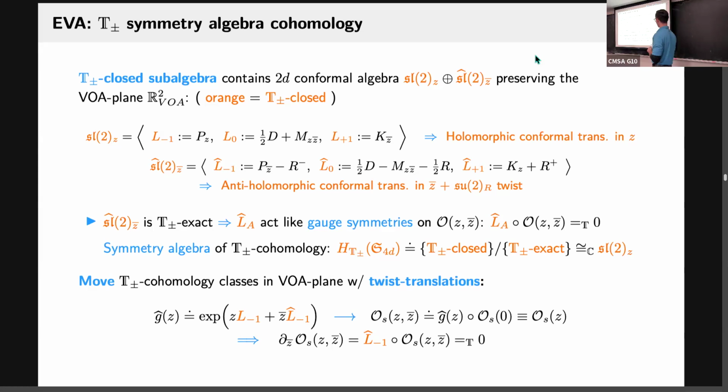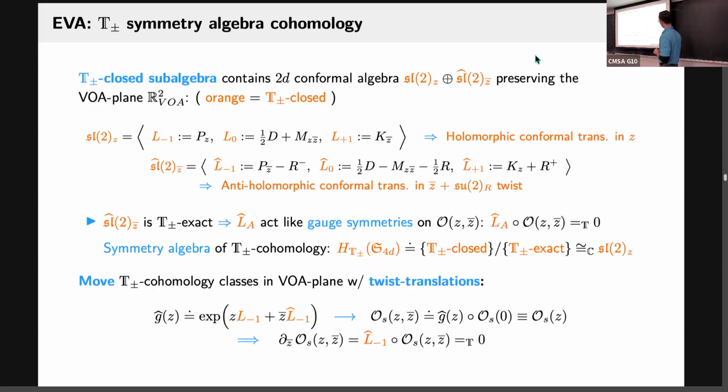What I mean by that is that if I take a Schur operator and translate it in a particular way to an arbitrary point in the VOA plane, the result is T plus and minus equivalent to the zero operator. So these basically have no effect on correlators and OPEs in the cohomology setting. And so this spits out that the symmetry algebra is given by the cohomology of these nilpotent supercharges evaluated on our 4D spacetime algebra, which just means I take the quotient of everything that's T plus minus closed modulo everything that's T plus minus exact, and all that remains in the numerator there is this SL(2,Z-bar) factor.